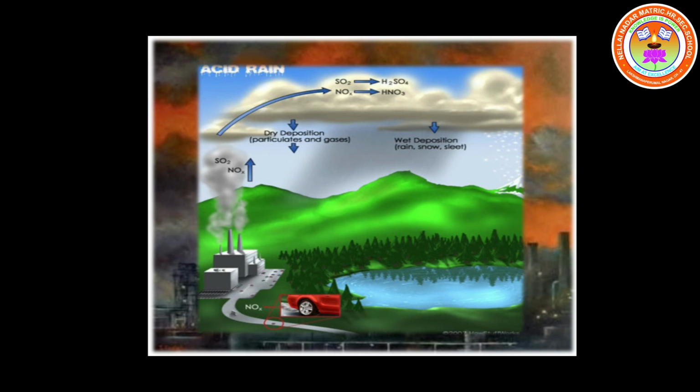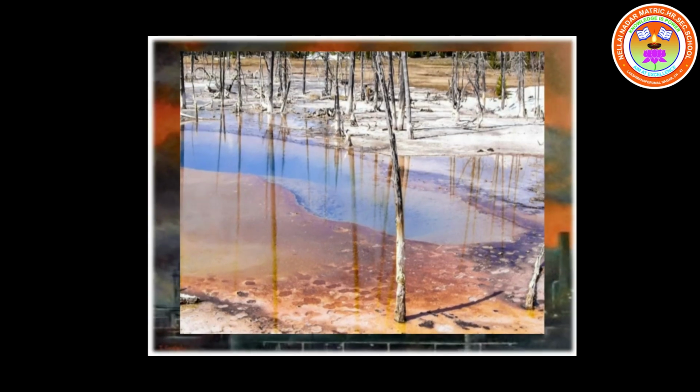This is called acid rain. It damages plants, washes the nutrients out of the soil and kills fish.